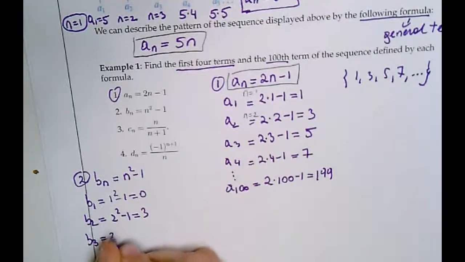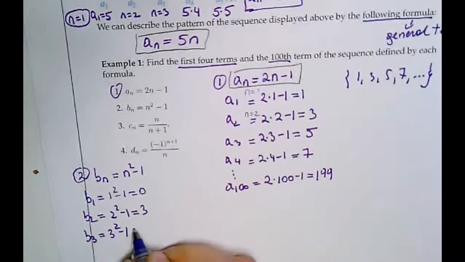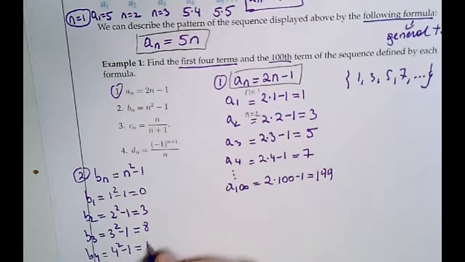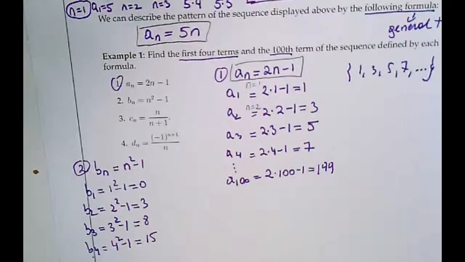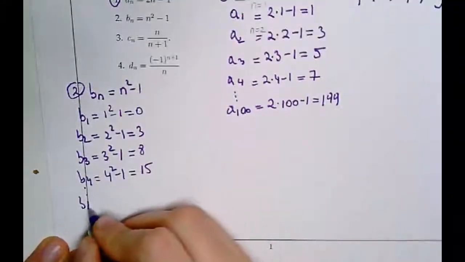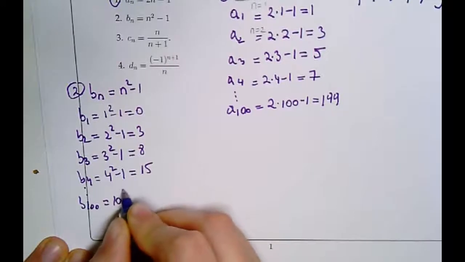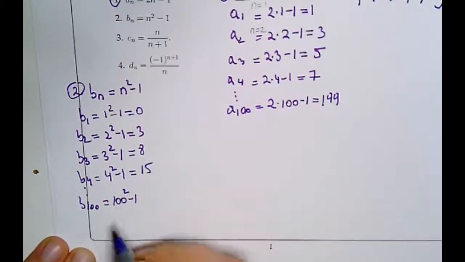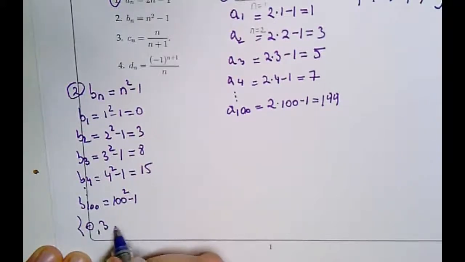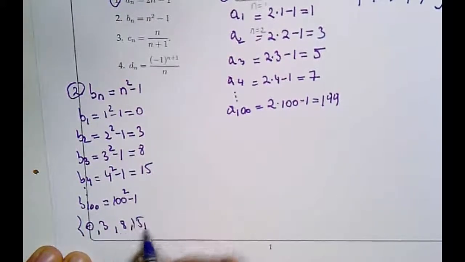B3 is 3 squared minus 1, so that's 9 minus 1, which is 8. And B4 is 4 squared minus 1, which is 16 minus 1, 15. And then B100 is going to be 100 squared minus 1. So I can write the sequence by listing 0, 3, 8, and 15, and so on.